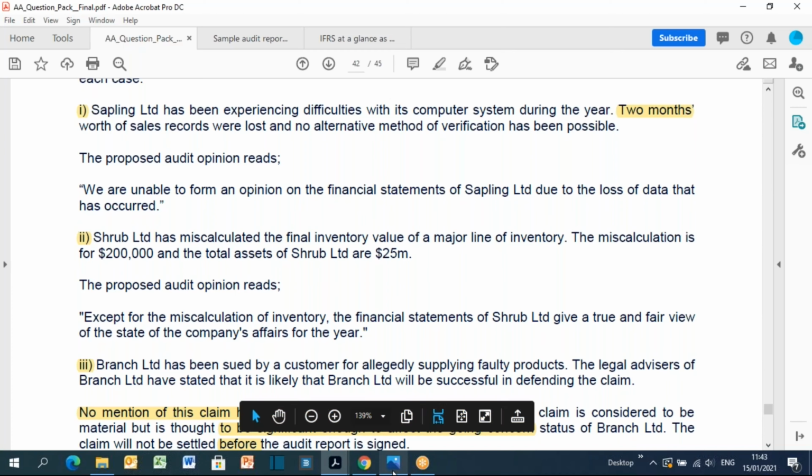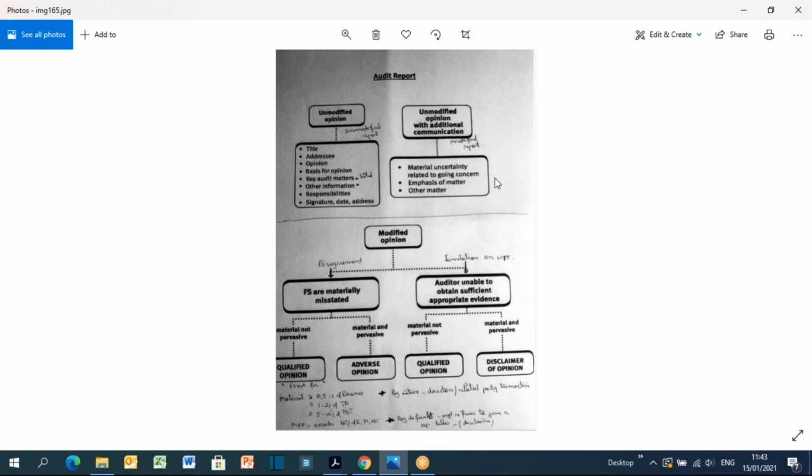In this case, what is the opinion? The question asks us to put down the opinion given by the auditor. So what do you think is the opinion given? If you look at this scenario, I'm going to leave you five seconds just to have a think. What is the opinion that the auditor is currently giving?